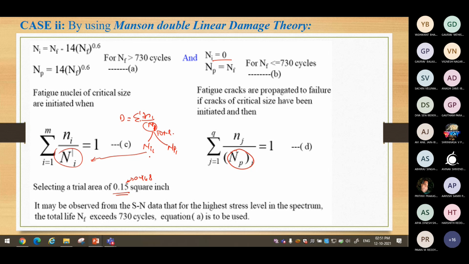Correspondingly, you have to use that in the denominator two times. This is the difference between Manson's rule and Miner's rule. That is why it is called the double linear rule. We are using the linear rule, but differentiating into cycles for crack initiation and crack propagation.